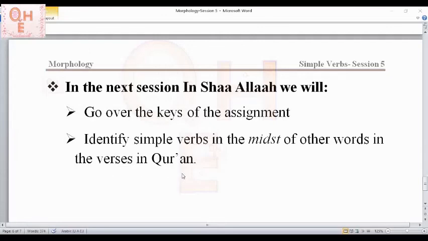Right now we are singling out each word, so it's probably a little easier. But how about when I see other words around, can I identify simple verbs? That's what we're going to practice. And you will see, inshallah, when you can identify the verbs in the midst of other words in the verses in the Quran, it is very, very satisfactory, inshallah.